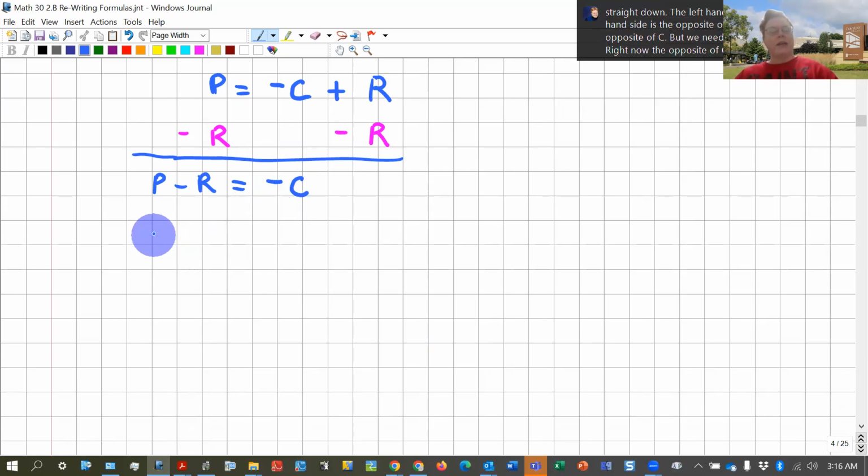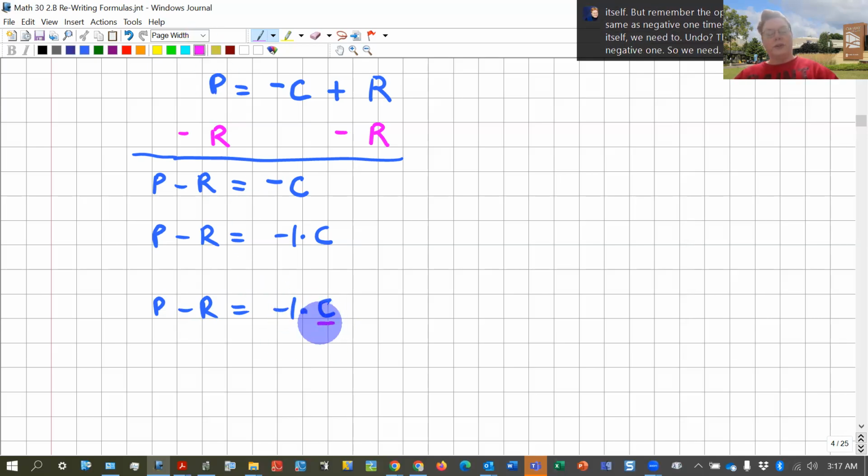But remember, the opposite of anything is the same as -1 times that thing. So to get C by itself, we need to undo the multiplying of C by the -1.